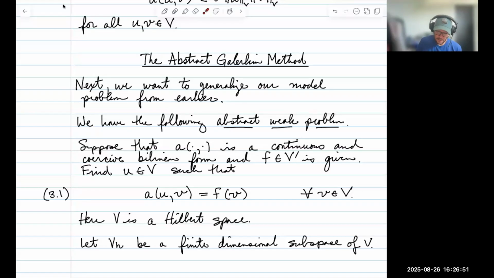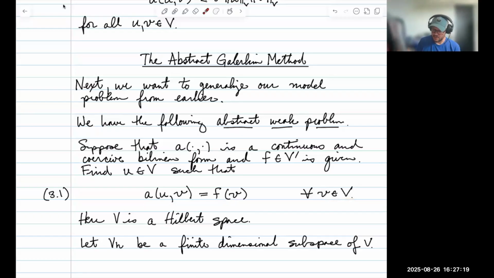Okay, so our problem is: find u in V such that A(u, v) is equal to F(v). So this is our bounded linear functional. Every time we put in an object from the Banach space, we're going to get a number here. And we're saying this real number equals this real number for every v that we want to pull out.